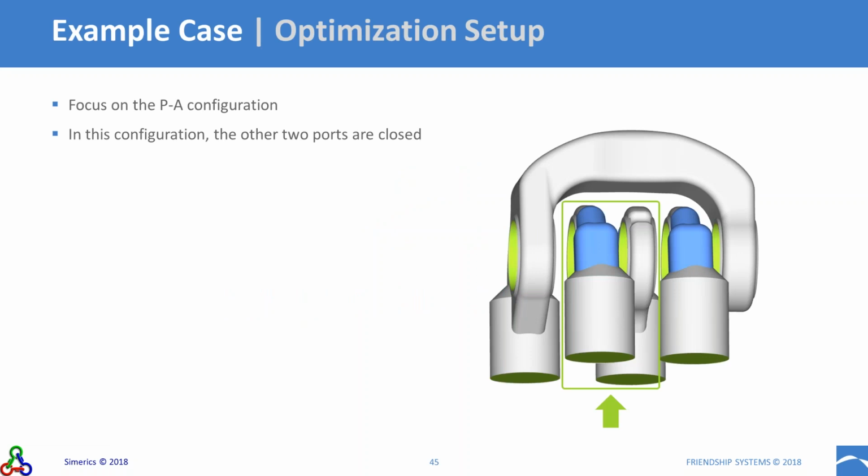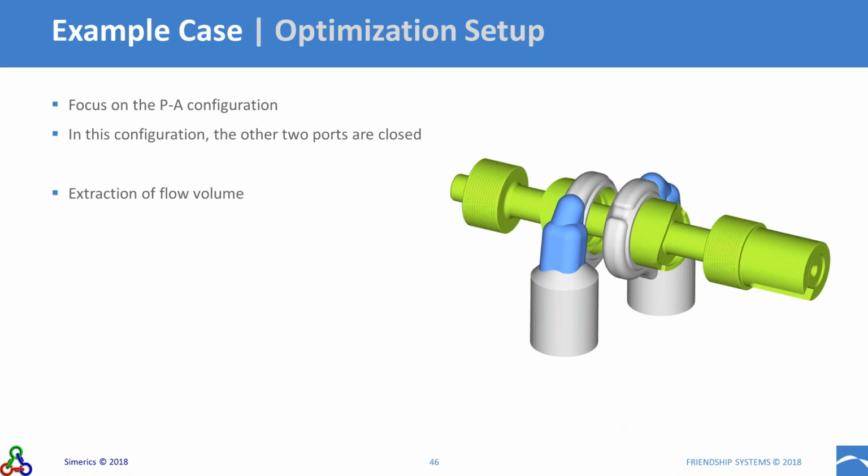For the optimization that we ran in this case, we focused on a specific configuration of the spool valve, the so-called PA configuration. It means the P port is the inlet and the A port is the outlet. I showed it here in the picture. It's basically two of these ports that are connected. You saw the geometry for the CFD also in Haiyang's demo. And the other two ports of the valve are closed.